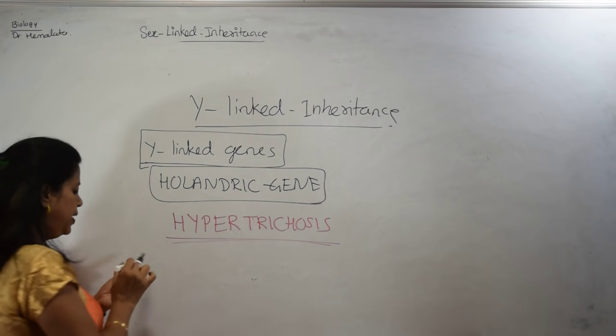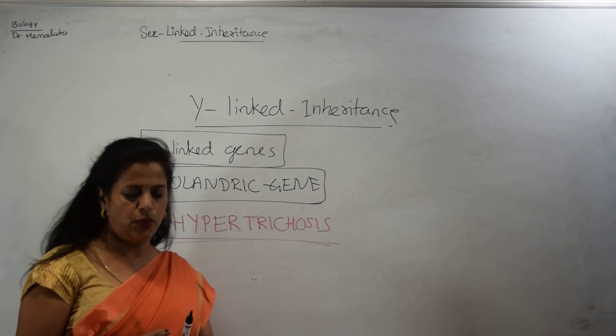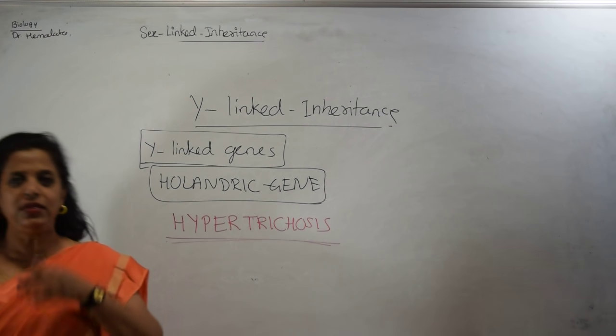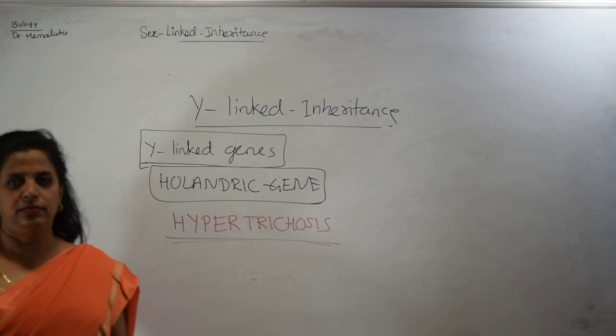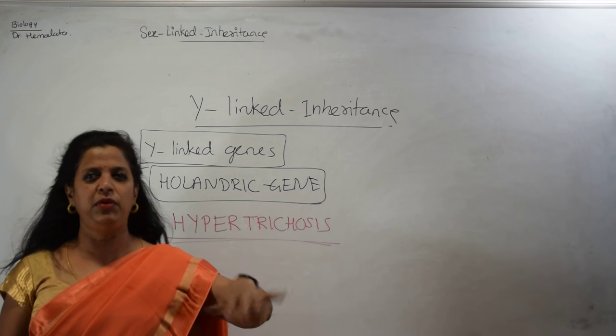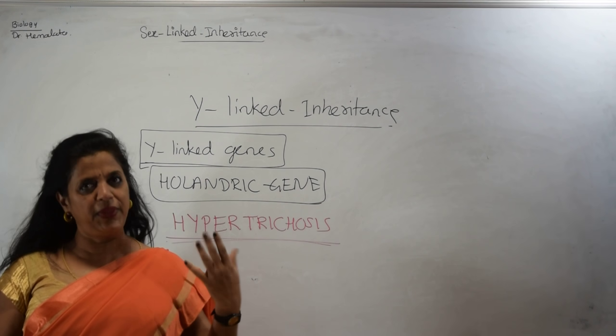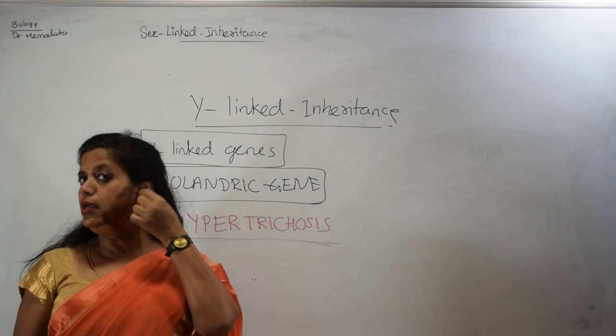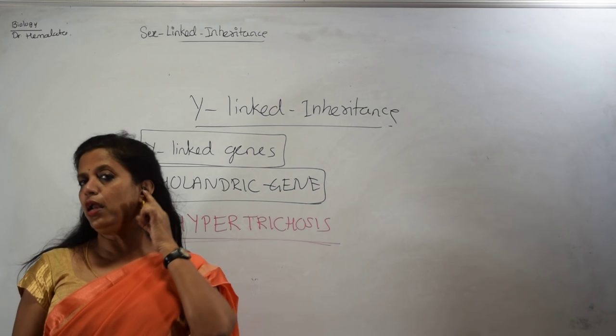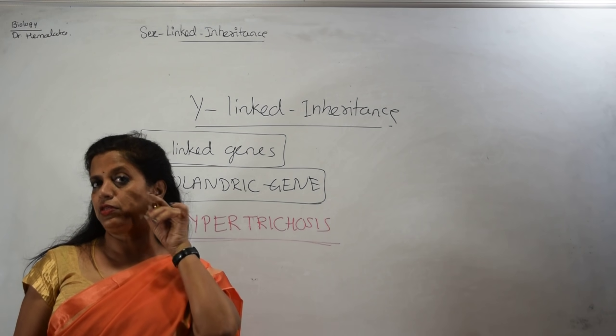What is this then? This is not a disease, I told you. What is hypertrichosis? This is your common observation. Most men, not boys, men around 30 to 40 years of age, develop certain hairs in their external ear pinna, meaning hair comes out from the ear pinna like this.